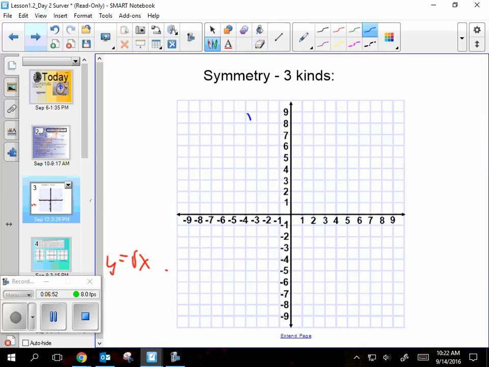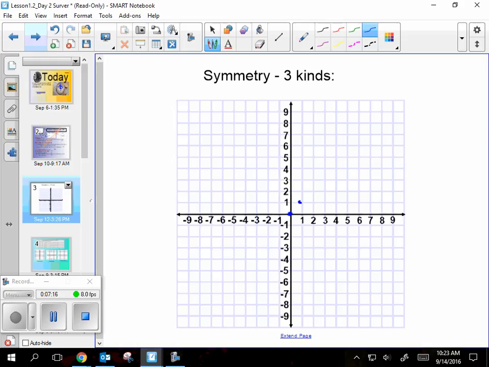Already saw that one. It's like this. But what about symmetry across a point? Have you ever heard of point symmetry? All right. It's symmetry across the origin. It's called origin symmetry.